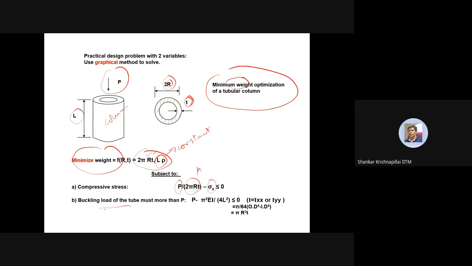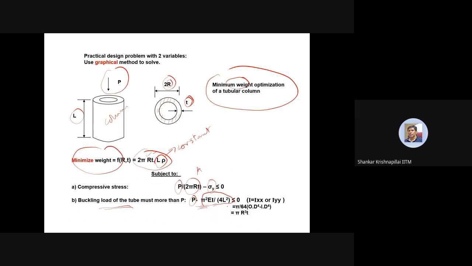Then the buckling load of the tube must be more than the applied load P. This is the equation for the Euler buckling load, pi squared EI by 4L squared. So P should be less than pi squared EI by 4L squared.